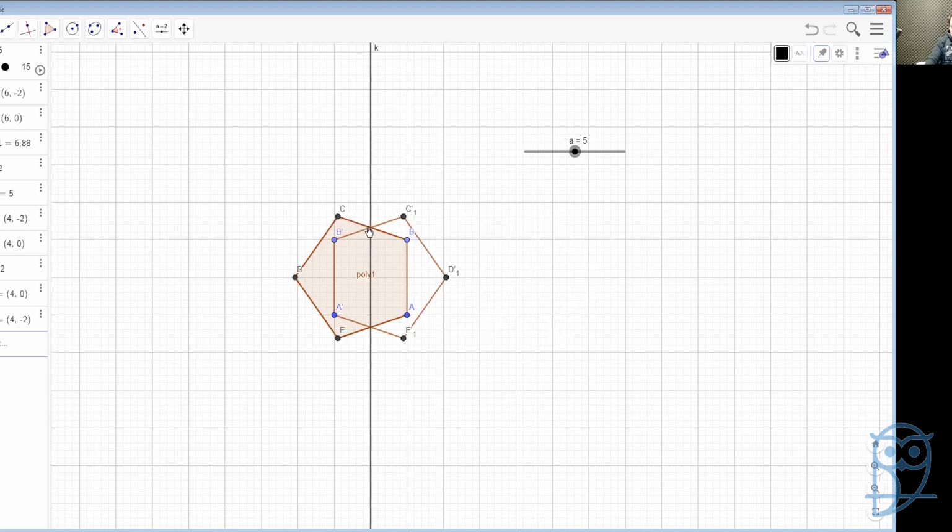So it's C to the line, and then reflect C and join that bit first, and then take B and reflect it to that side and create the rest of that line, and then the rest of that line to the image. So we are now actually having to break it up into smaller pieces so that we still deal with what's on the one side of my reflection line and what's on the other side of my reflection line.